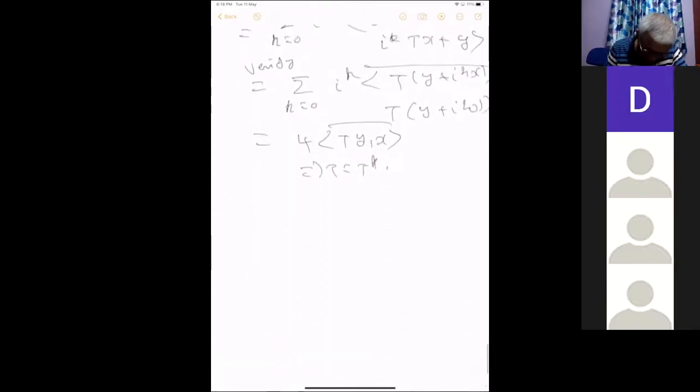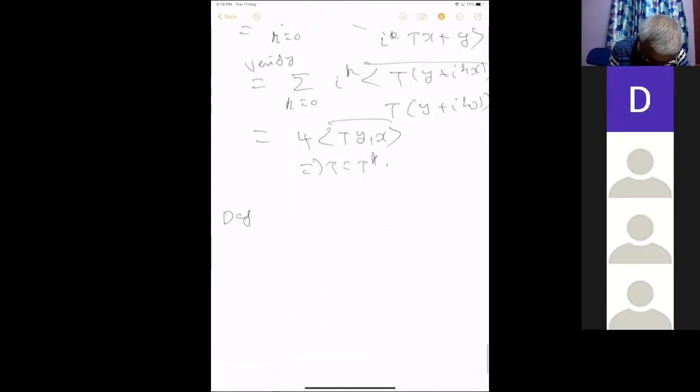Okay, definition. See, the point is in finite dimension, something is in the spectrum means it's an eigenvalue. Here it may not be the case. Here we will prove that if something is in the spectrum and T is normal, then there is an approximate eigenvalue for that.